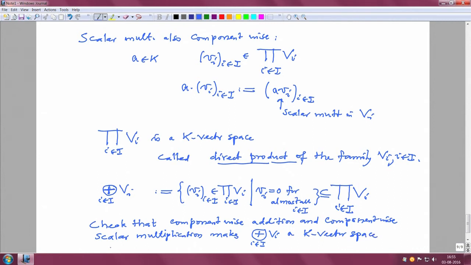This vector space is called the direct sum of the family V_i, i in I.